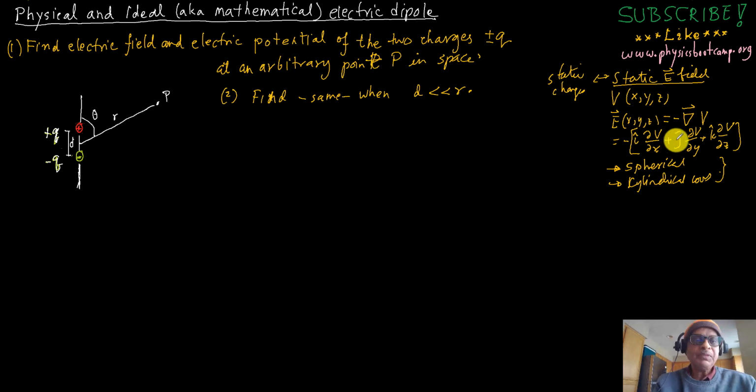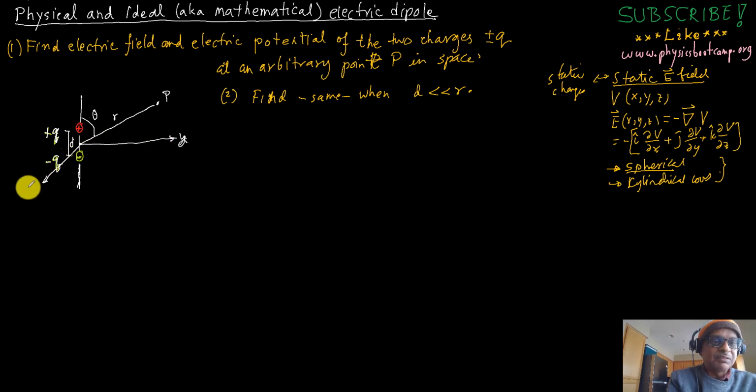Okay, so we would want to write V, and it seems like this would be a nice place to set up spherical coordinates. So if you make the origin here, and this is the x-axis, maybe this is the y-axis, and this is the z-axis, so we have a right-handed coordinate system.